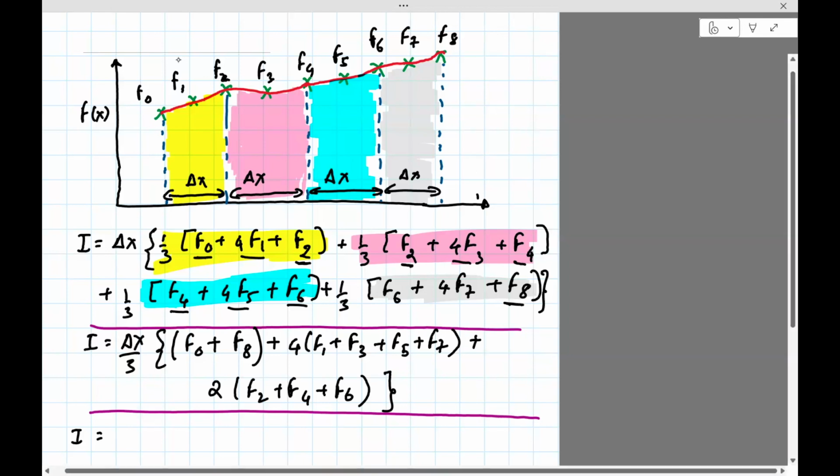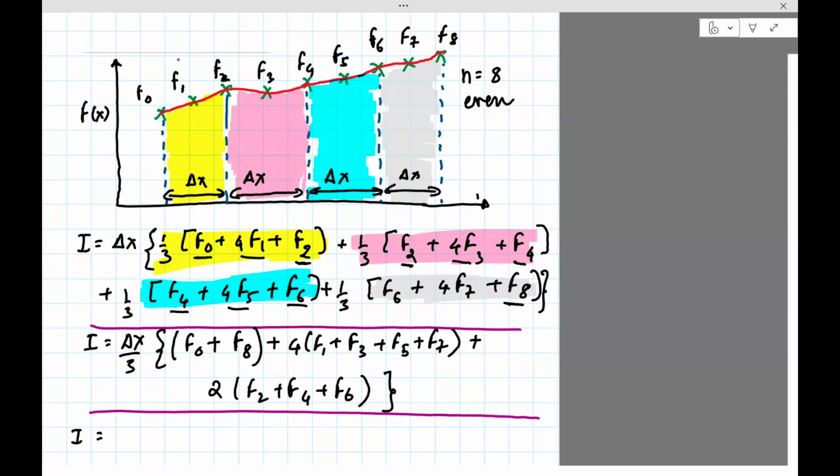So in this particular case, this is very important and really a point of confusion. Here n is 8. It is even. But if you look, I've started counting from 0 all the way to 8. So really there are 9 points at which I'm doing this.